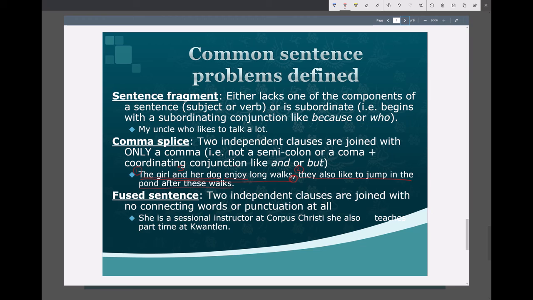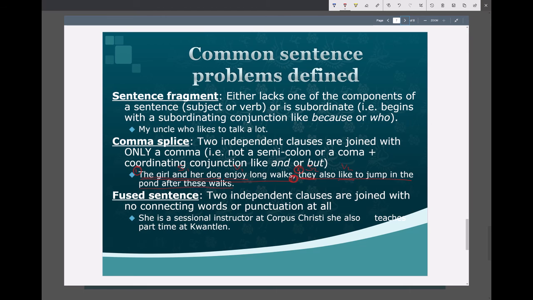Enjoy, that's your verb. And then here they, which is this same girl and dog, also like to jump in the pond after these walks. Okay, so we have two clauses joined together, but only with a comma, a bad compound sentence.